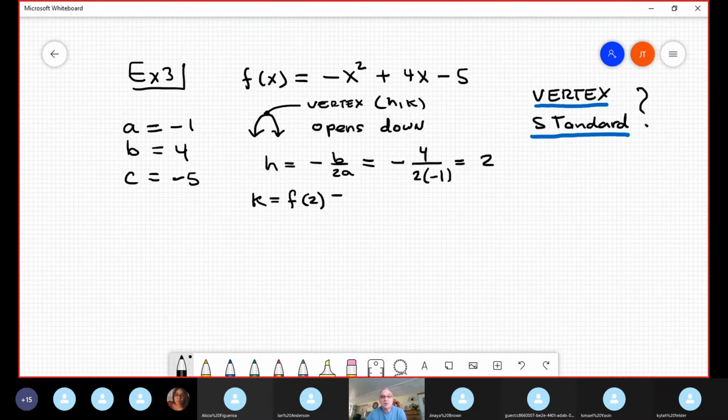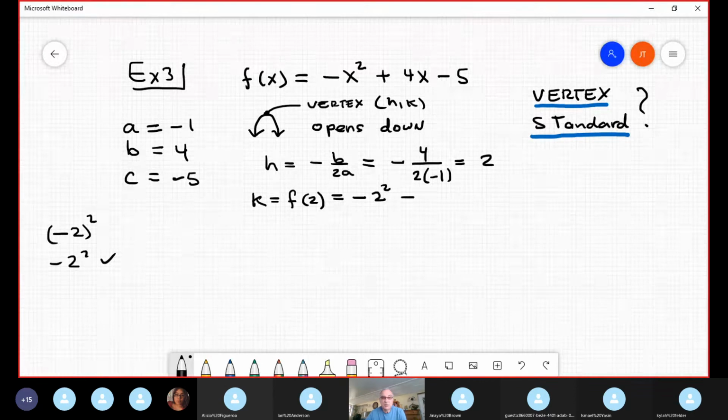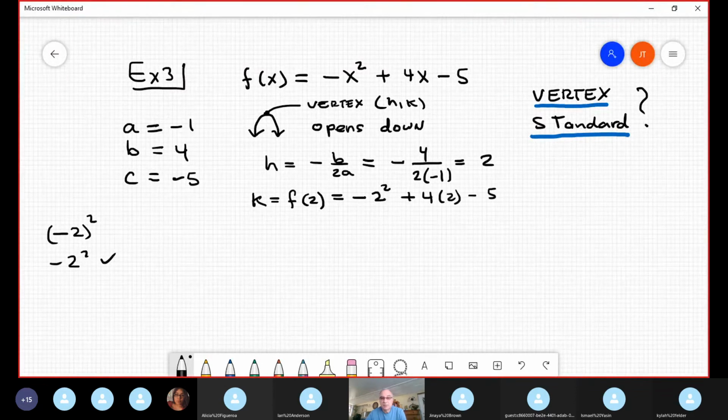Okay, it's the H value, because K, I know, is the y value associated with the H. So minus 2 squared. Be careful with the sign, because it's not the same, minus 2 squared and negative 2 squared. Actually, we are doing this: minus 2 squared plus 4 times 2 minus 5.